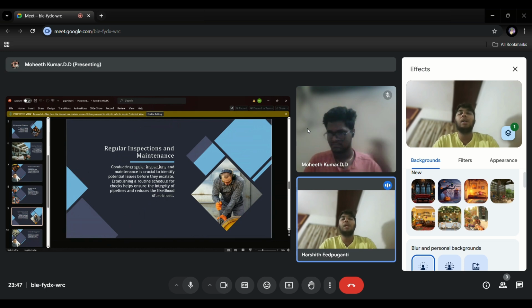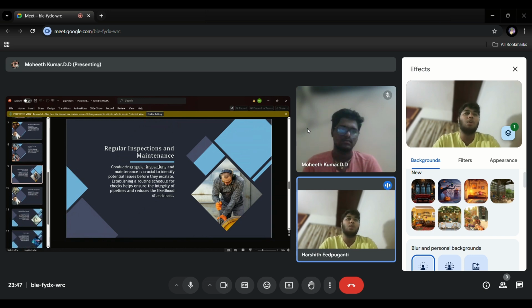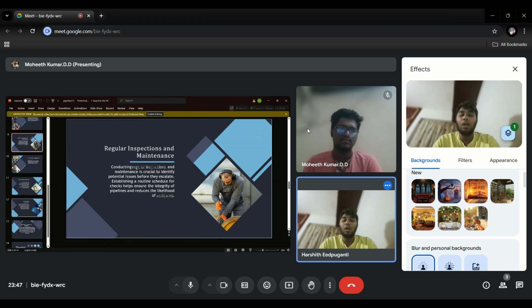This should happen very regularly because in maintenance checks you can find very small fractures and small cracks, which, if found early, will save you from very huge potential risks. Establishing this as a routine check will make sure that pipeline accidents stay low. Okay, the next slide.